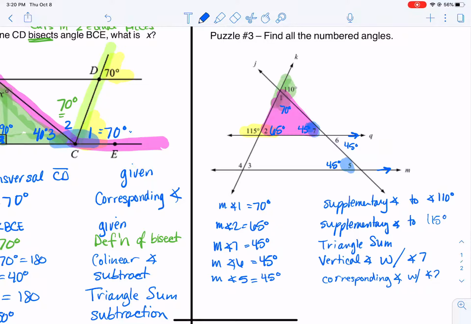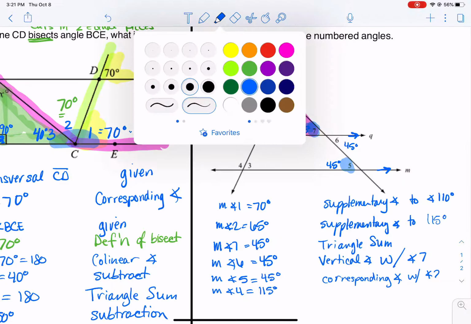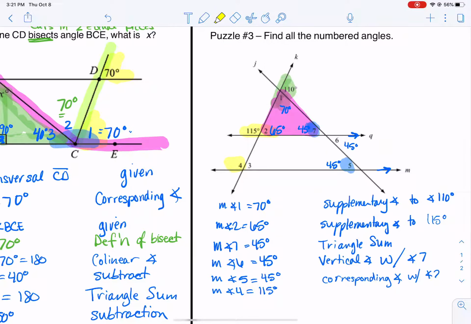So now let's go back and find the measure of angle 4 and the measure of angle 3. The measure of angle 4 is 65 degrees. Sorry, it is not. It is 115. And I get that because it is corresponding to the 115 degree above it.